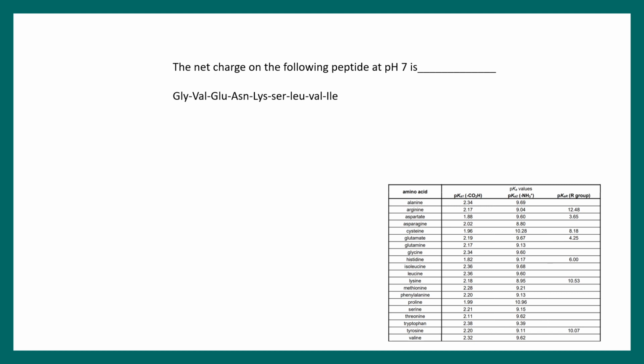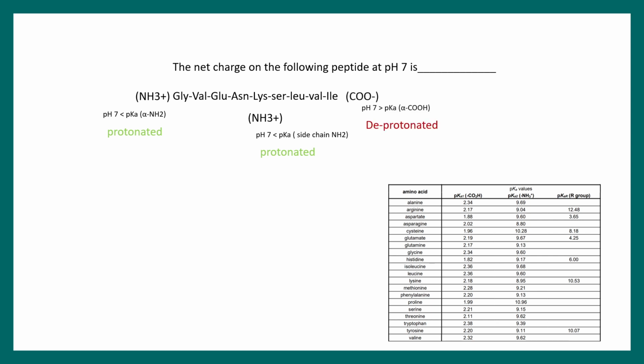Look at here. Here they have obviously the N-terminal NH2 group. Then also there is a side chain amine group from the lysine. There is a carboxyl group from the C terminal and the carboxyl group from the glutamate side chain. Now we have to understand at a particular pH whether it is protonated or deprotonated.